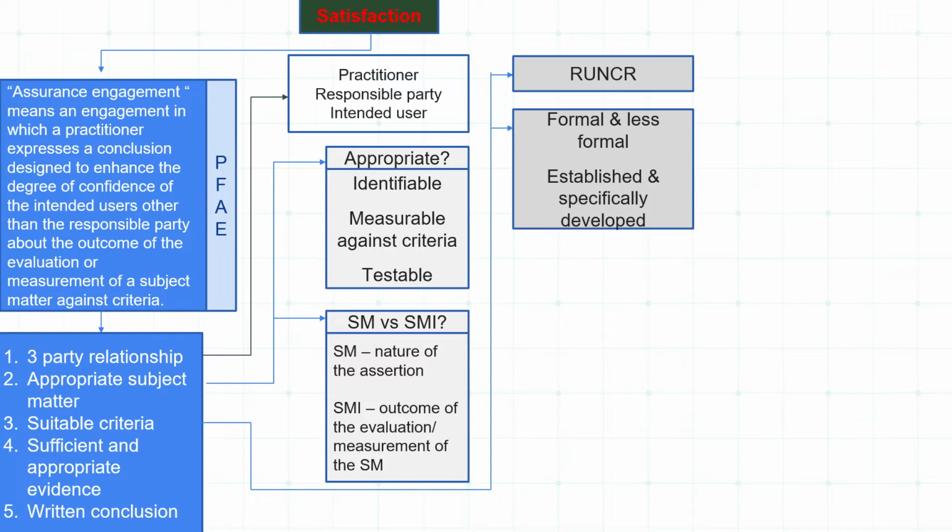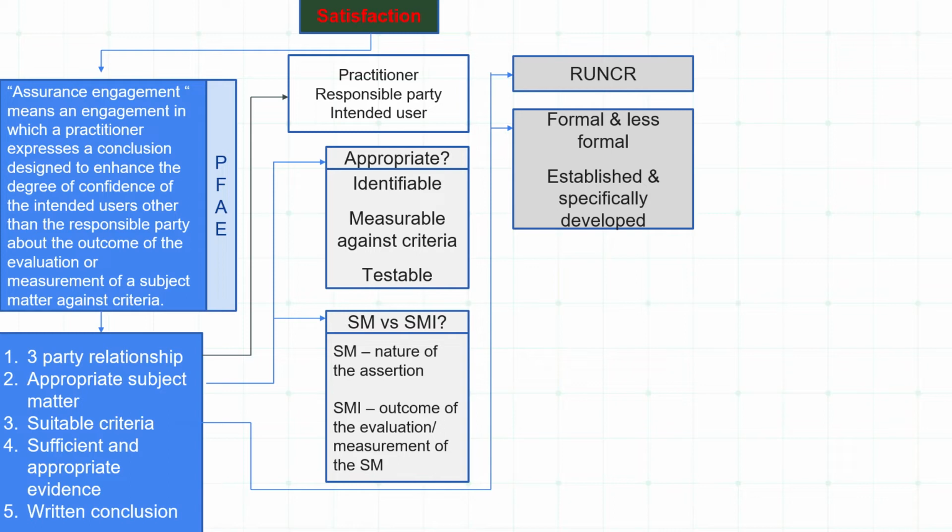Criteria may be formal and less formal. Formal criteria is more often associated with established criteria. Less formal criteria are those which we associate with specifically developed criteria. Now, just to give us an idea, when we talk about formal or established criteria, examples of this will be our laws, our standards, meaning to say they go through a process and they are generally applicable to, well, a majority or even the public.